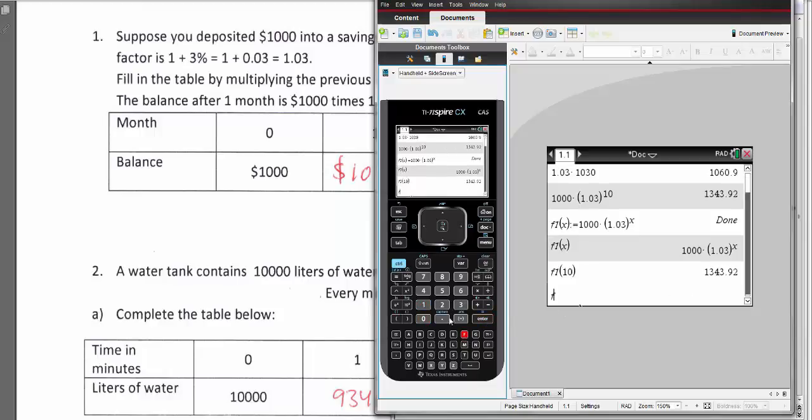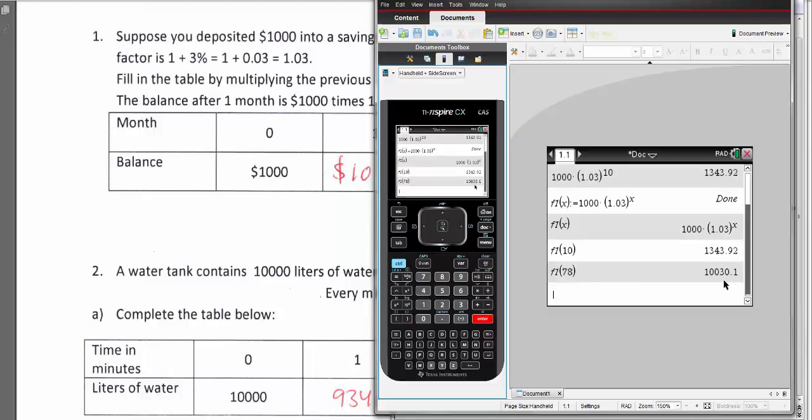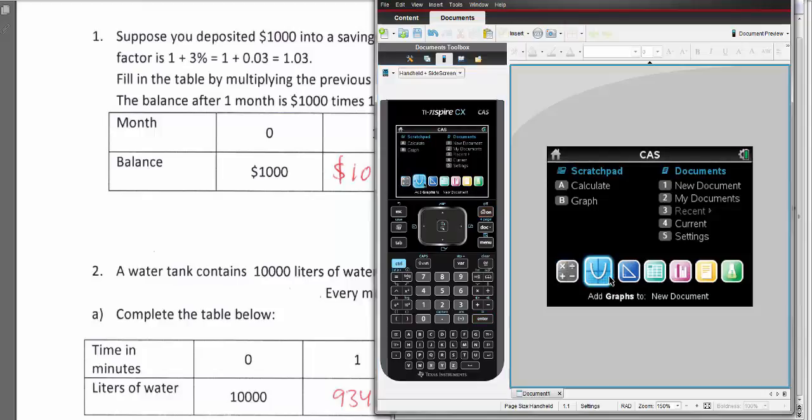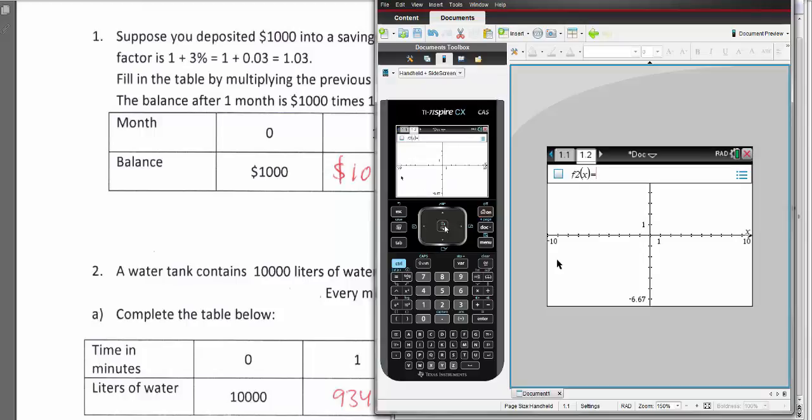So it's very easy to use this. I just type after, for example, 78 months, how much money do I have? 10,030, okay, etc.